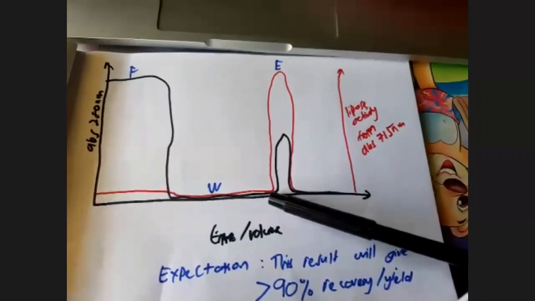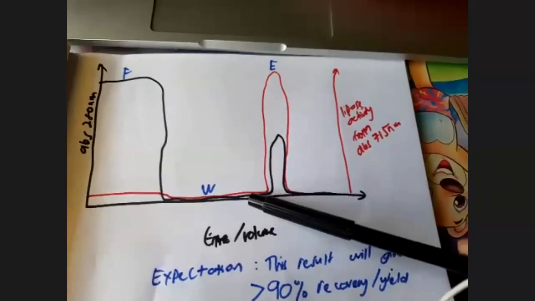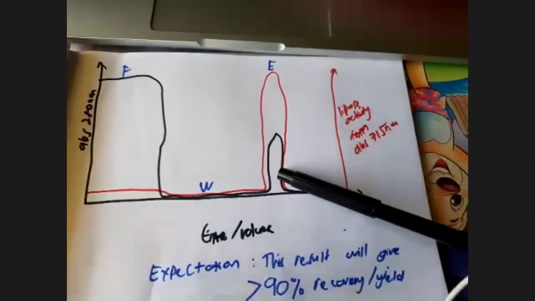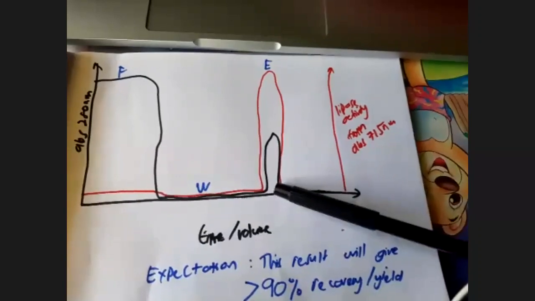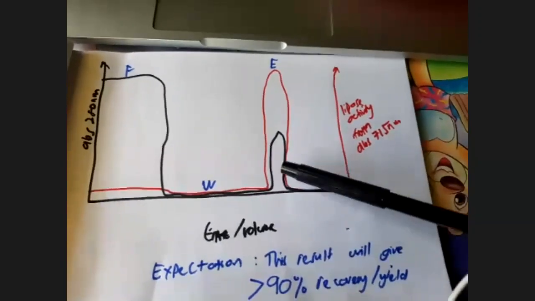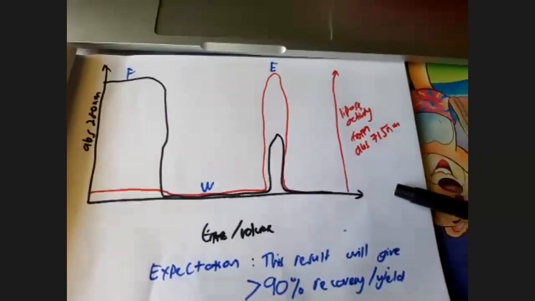Okay, once you start to apply the elution buffer, you can see there's a peak here. This peak is where you apply the elution buffer, and then after elution, there will be nothing more.